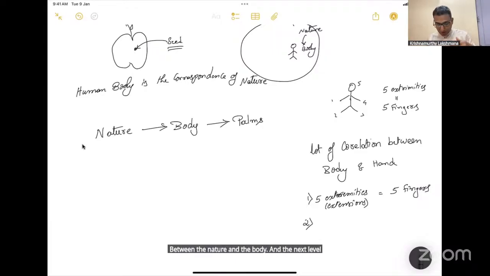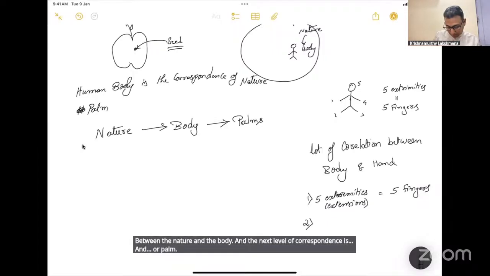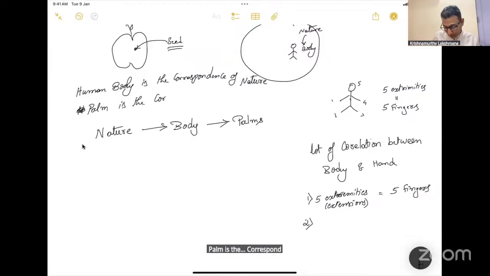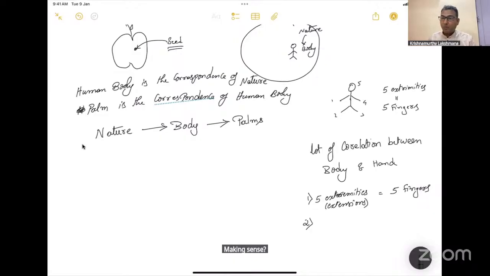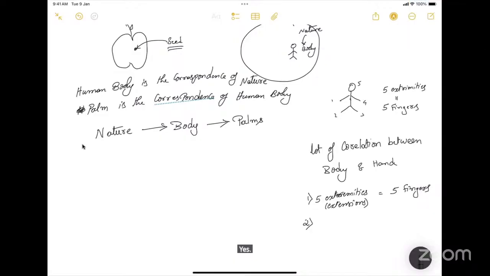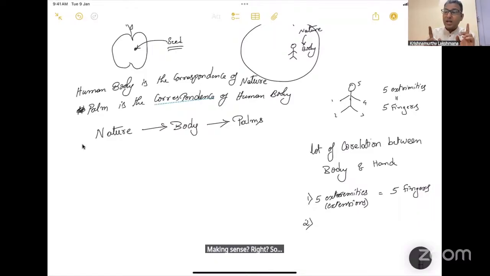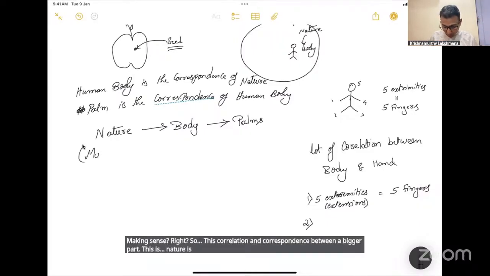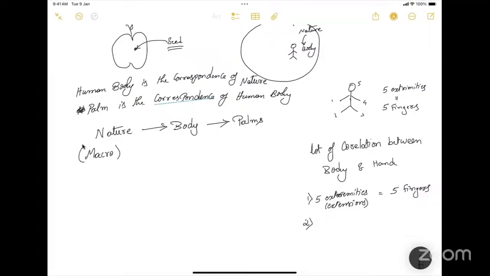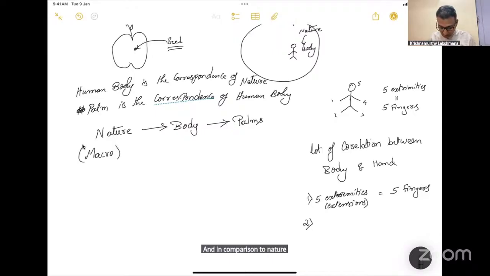And the next level of correspondence is hand or palm. Palm is the correspondence of human body. Making sense? Yes. Right? So this correlation and correspondence between a bigger part, nature is macro. And in comparison to nature, the body is micro.